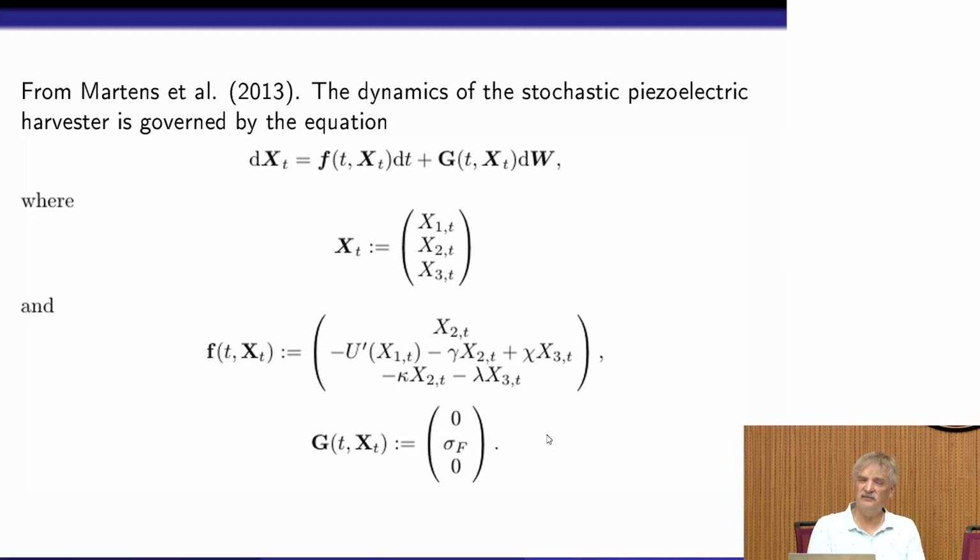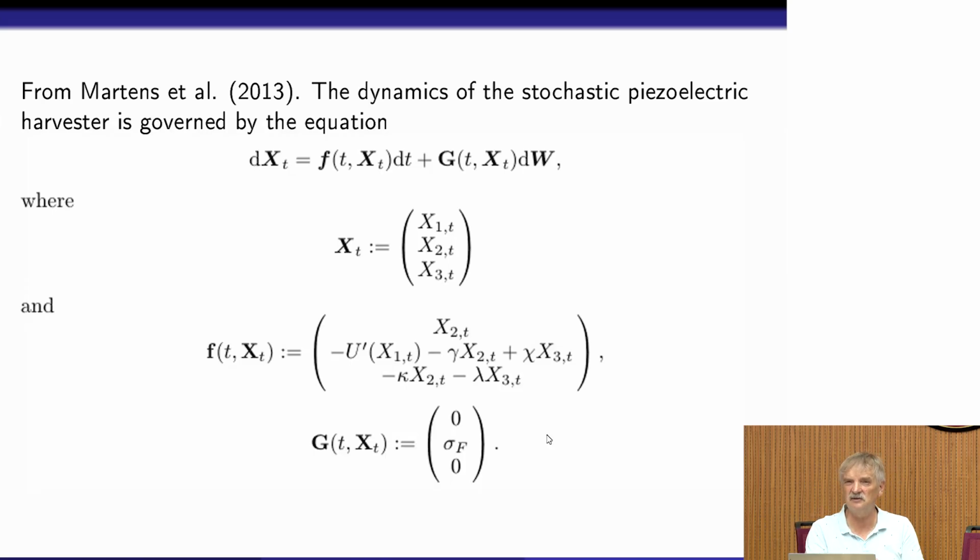So the derivative of the first element is the second element of this vector equation. And at the same level, there is also noise, because noise is like a force.